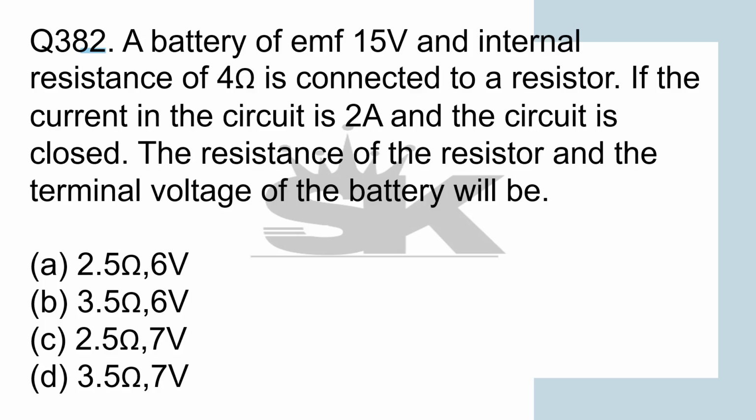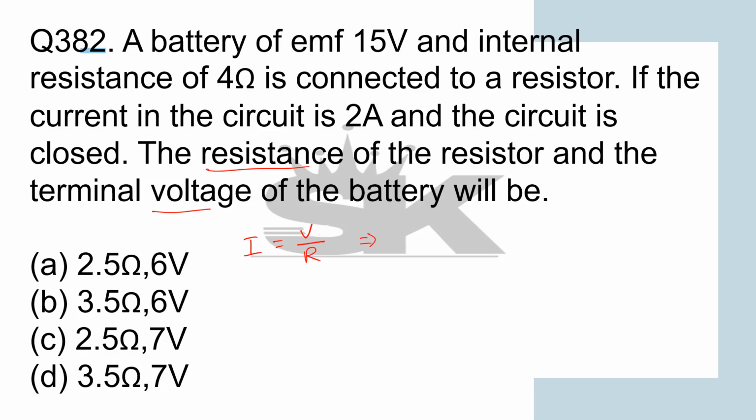A battery of EMF 15 volt and internal resistance of 4 ohm is connected to a resistor. If the current in the circuit is 2 amps and the circuit is closed, find the resistance of the resistor and the terminal voltage of the battery. We have the formula I equals V by R, right?